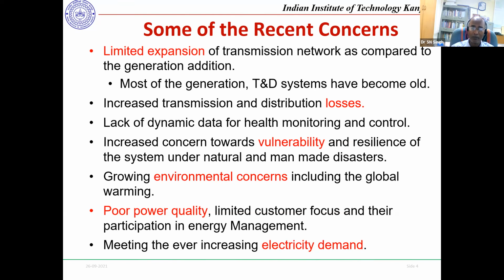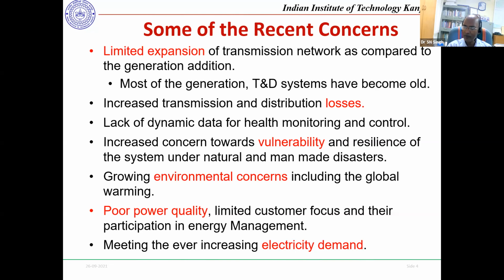Why? Because thermal power stations should not run more than 25 to 30 years, depending upon which technology you are using. Now we are running many thermal power stations for more than 35, 40 years. So even the predictability of when they will be on or off is not very sure, and that is another concern.